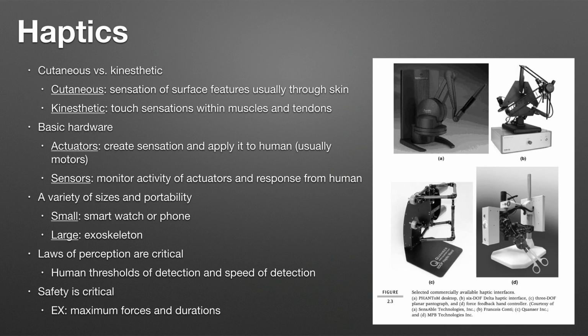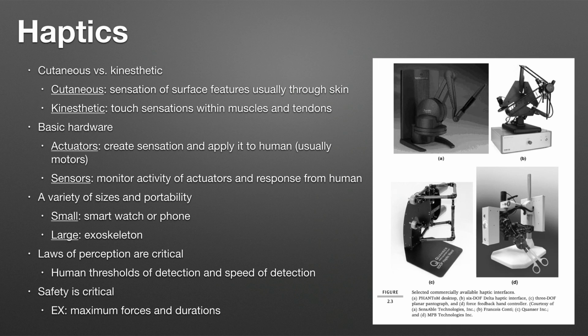Haptics exist across a wide variety of sizes, and they have varying portability. Something small, like a smartwatch or a phone, is very different from something large, like an exoskeleton, right? They have different sets of requirements and design features to think about.